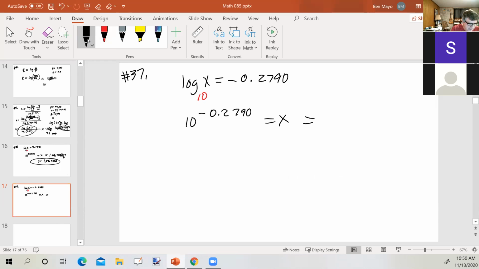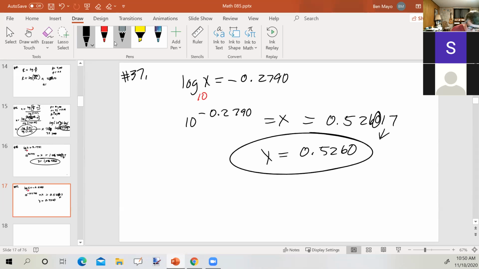And if I take that on my calculator, 10 raised to the negative 0.2790 power, I get 0.526017, rounding to 4 decimal places, the 0 rounds down, 0.5260. And there's 37.